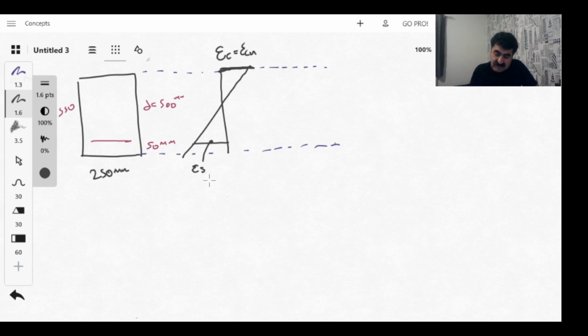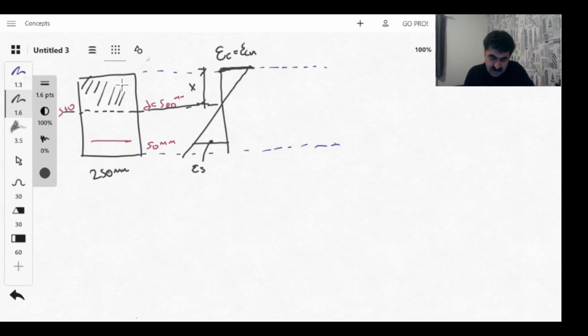So if we know this distribution, we can calculate the neutral axis. What is the neutral axis? We can call it x. This shows the change of the signs of the stresses. Above this line, the neutral axis, concrete is in compression, but below this line concrete is in tension.